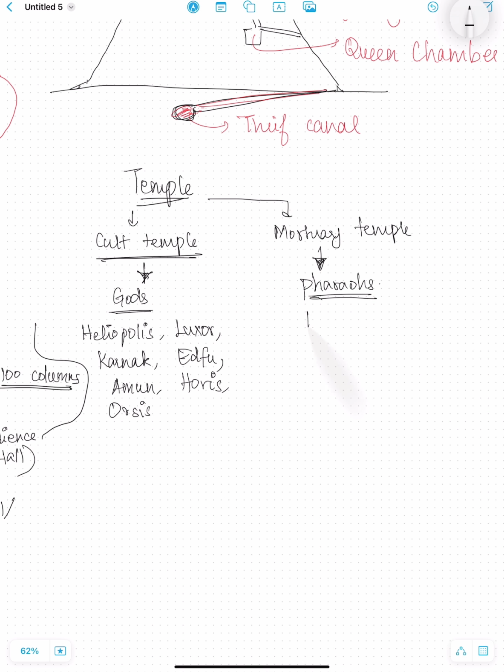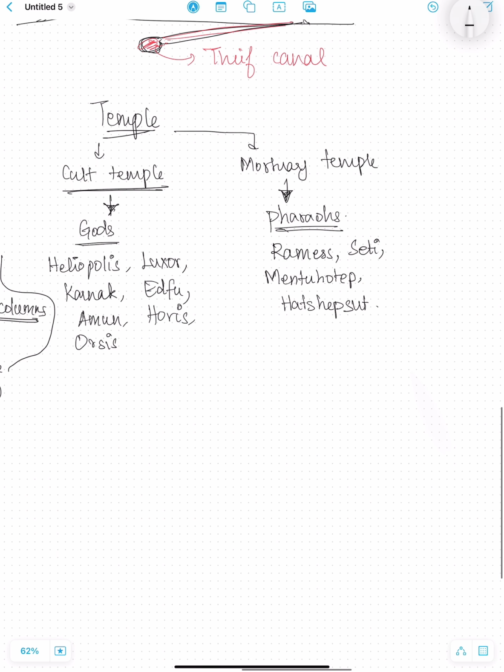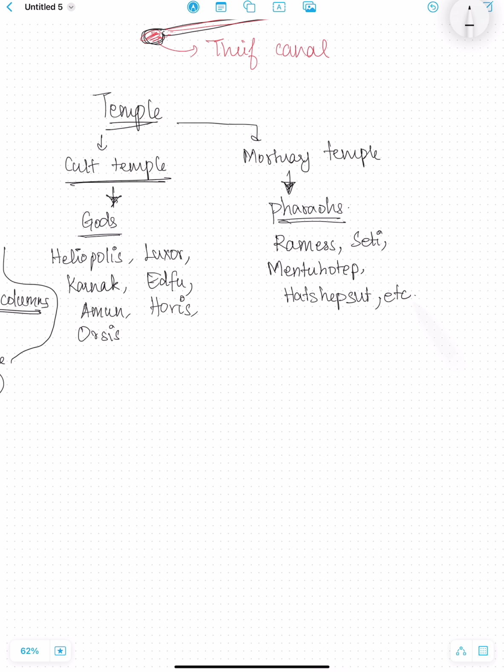And for the pharaohs, there is Ramesses, Seti, Mentuhotep, Hatshepsut, etc. And an important thing to remember about the temple is they were always in the east-west axis, because they believed in the sun god a lot.